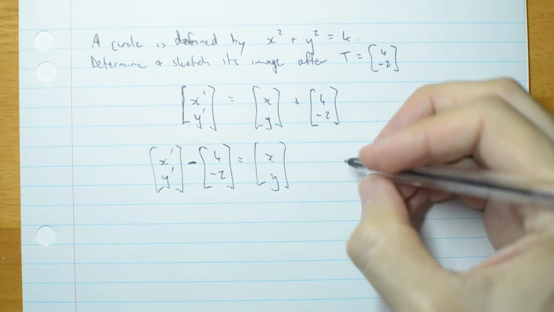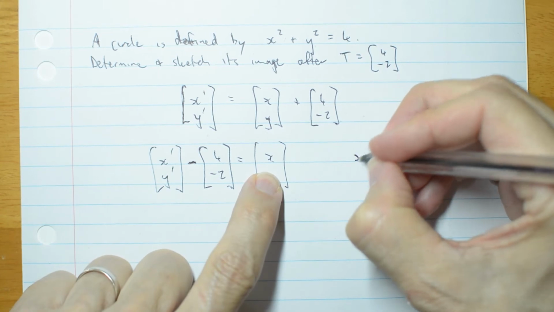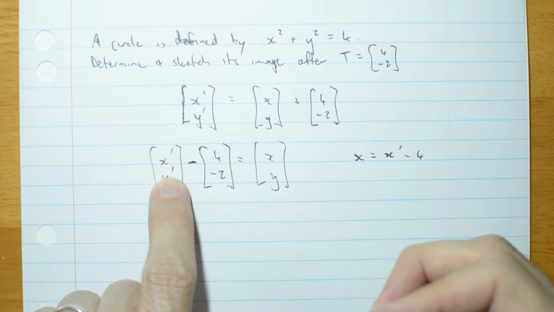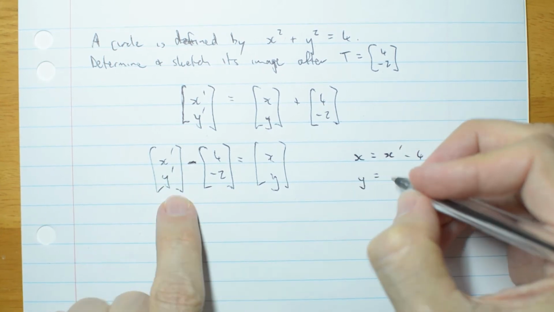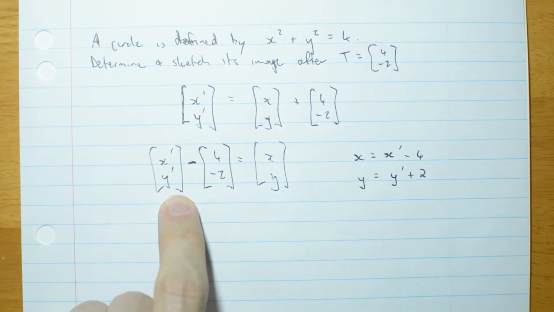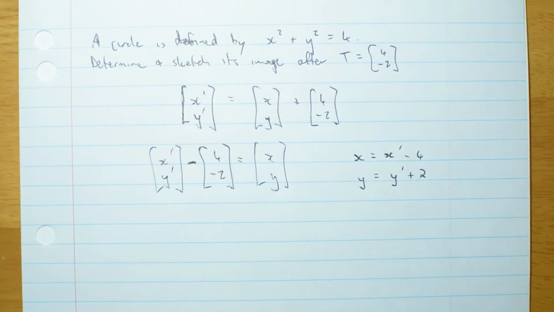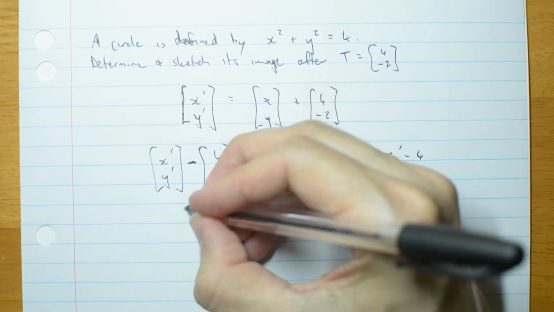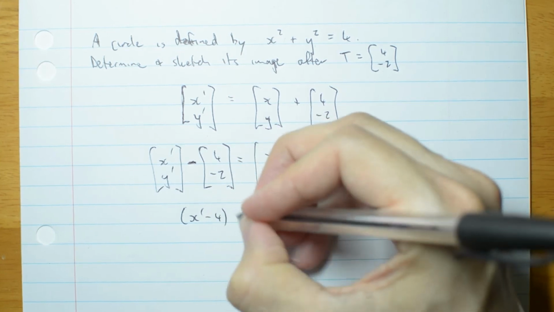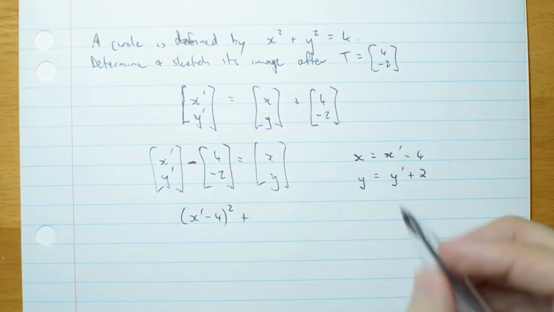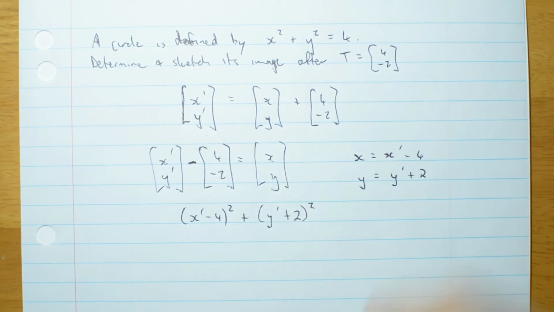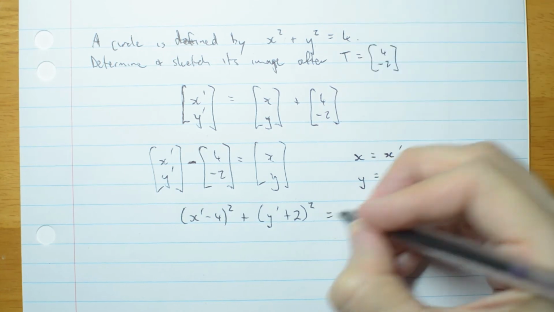Let me write it beside. x is x prime minus 4, and y is y prime plus 2. So that means I can get my original equation, and I can now write it as x prime minus 4 squared, plus y prime plus 2 squared equals 4.